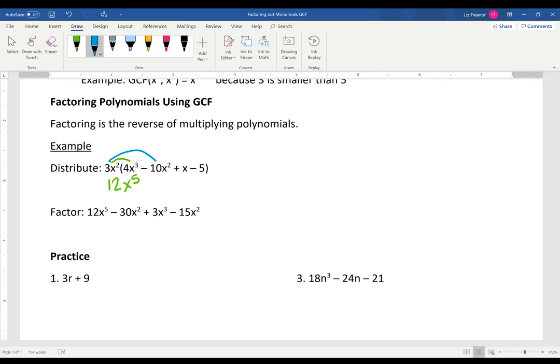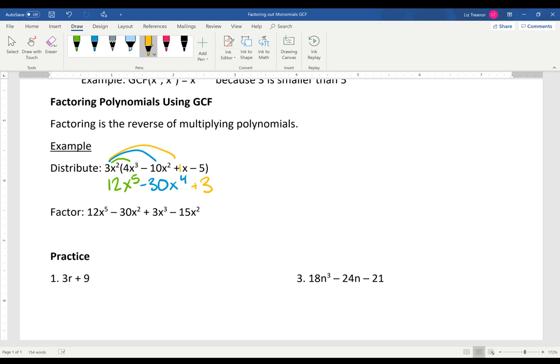3x squared times negative 10x squared: 3 times negative 10 is negative 30, and 2 plus 2 is x to the 4th. 3x squared times x, well, there's an imaginary 1 here, so 3 times 1 is 3. It's positive, so I'm going to add it.